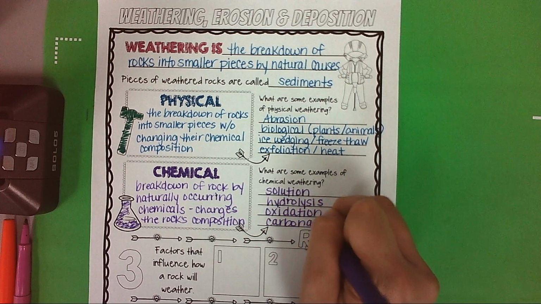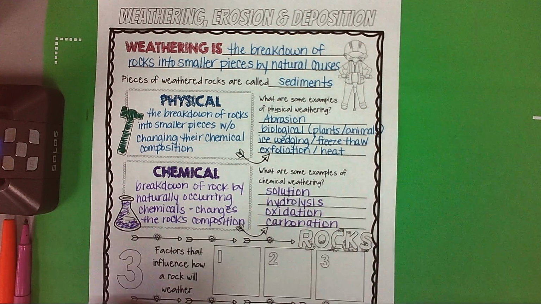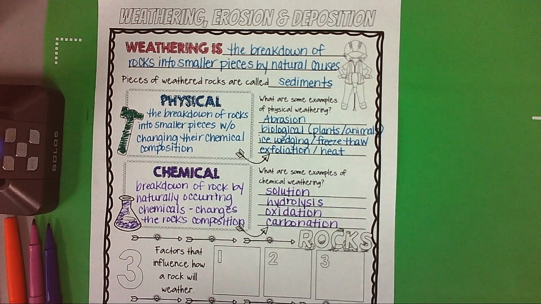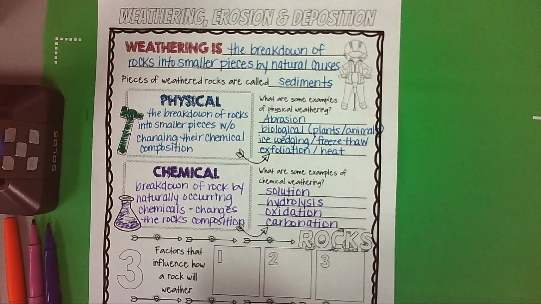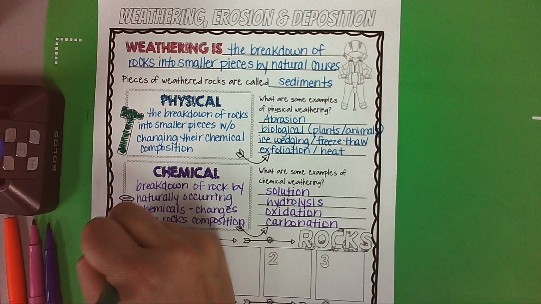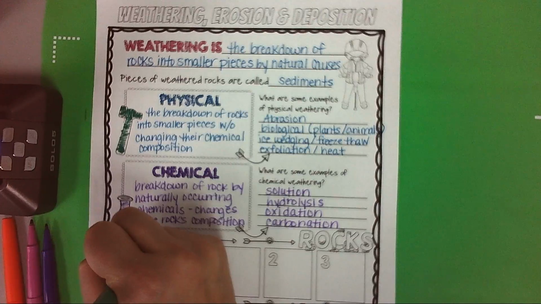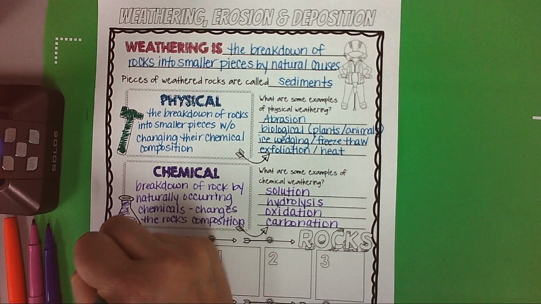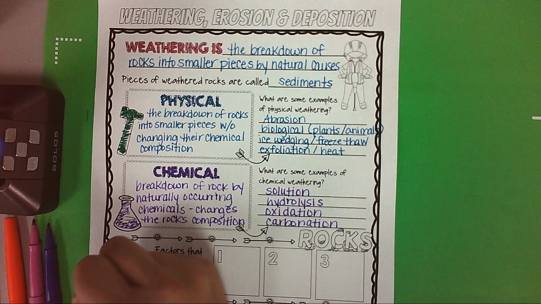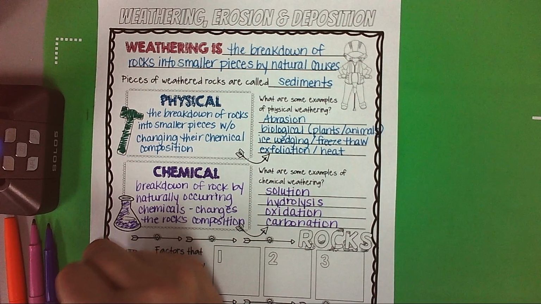Not necessarily like the carbonation in your soda, okay? Alright, so let's look at 3 factors that influence how a rock will actually go through that weathering process. So we're going to look at 3 different things that affect the weathering process.